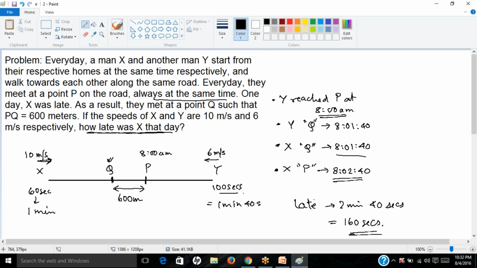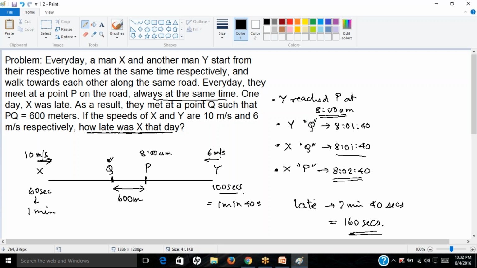No, Mohit, the question is not about how late he is when they meet. That can never be a measure of being late. Say you have to reach office at 10 o'clock in the morning, and on the way you cross a bus stop at 9 o'clock every day.